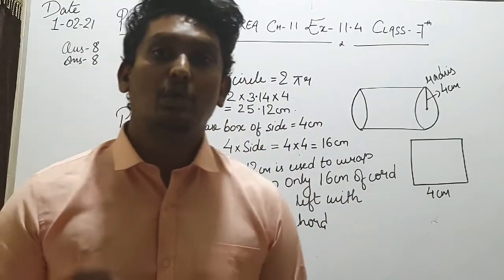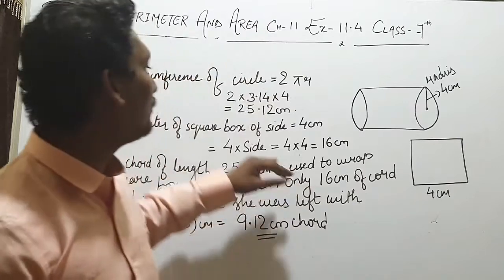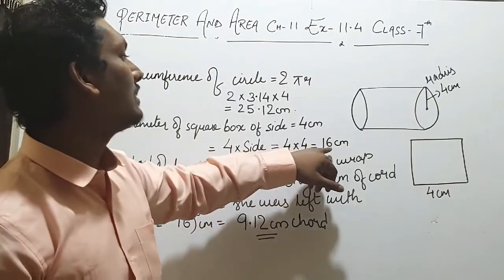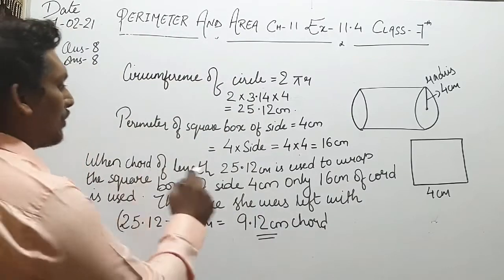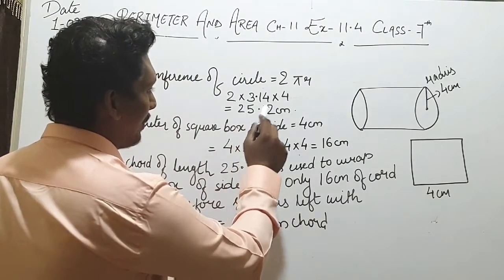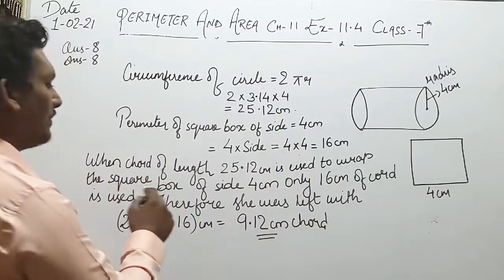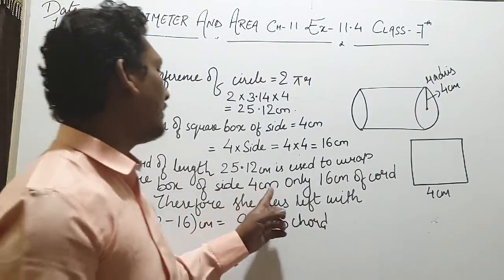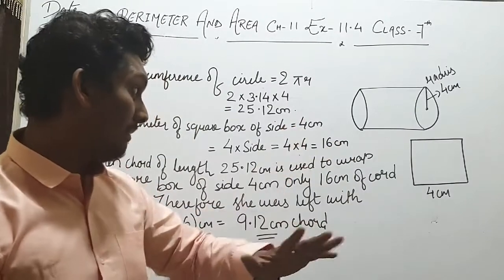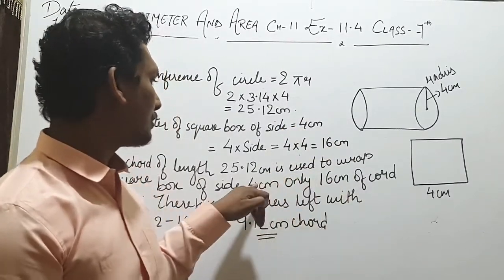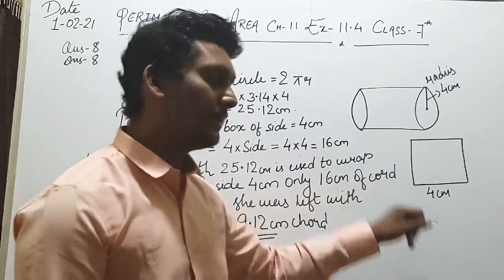The formula is 4 into side. So 4 into 4, that is 16 cm. As I told you, the same cord of length 25.12 cm is used to wrap the square box of side 4 cm, but the perimeter of the square box is 16 cm.